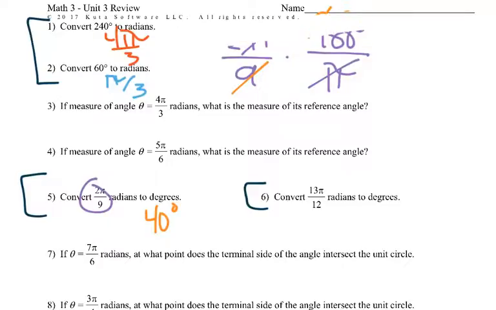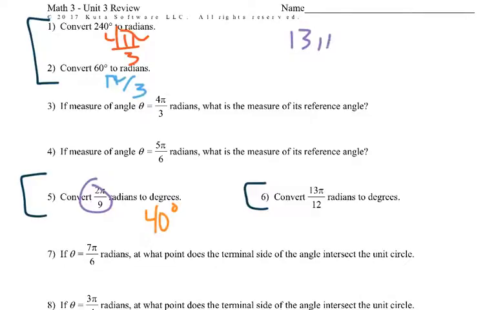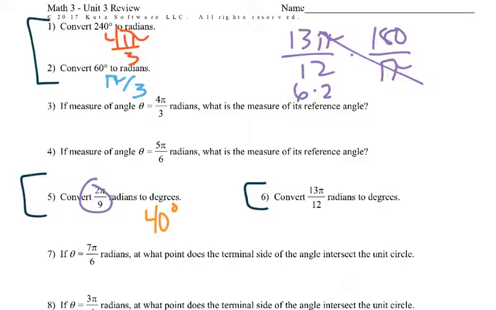Okay? So we do the same thing for number 6. So 13 pi over 12 times 180 over pi. The pi's cancel. And we see if we can simplify anything. Well, 12 is like 6 times 2, right? 180 would be like 6 times 30. So the 6's could cancel, but 30 is like 15 times 2, right?